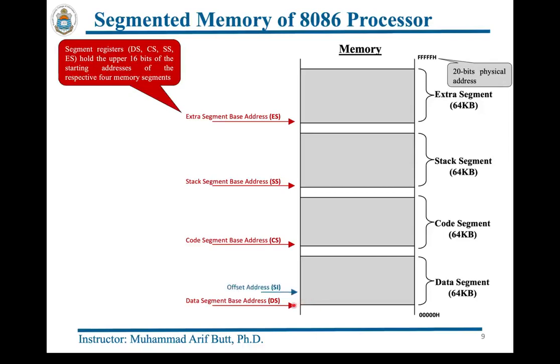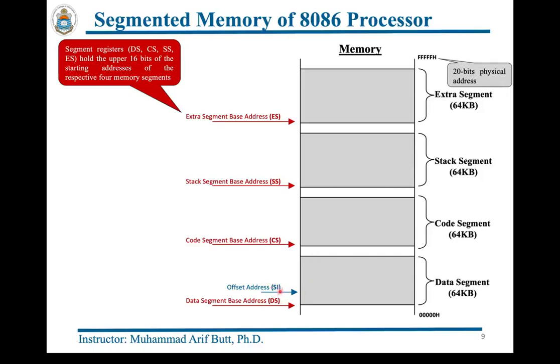This data segment register points to the starting address of this 64K data segment, and this SI or the source index register is used as an offset within the data segment.